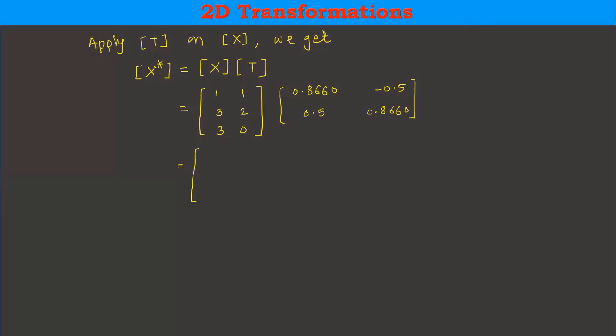So we get mat A into mat B, and press equal to sign, and you will get the entries of the resultant matrix. So what is the first entry of the resultant matrix? 1.3660. Then the second entry is 0.3660. Then the next entry is 3.5980.